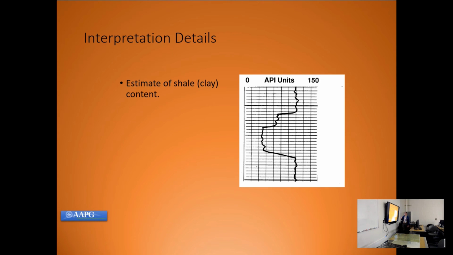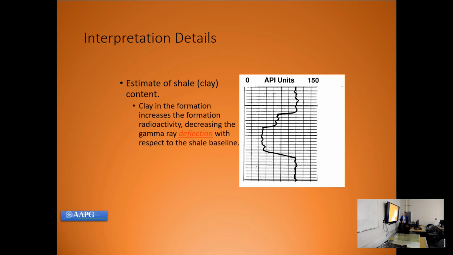Okay, so estimate of shale content. What you're really looking at with this deflection, this is high gamma ray, this is low gamma ray. This would be your shale baseline. So this is your maximum value. You have a consistent set of shales within your rock column. This could be your shale baseline, high potassium.